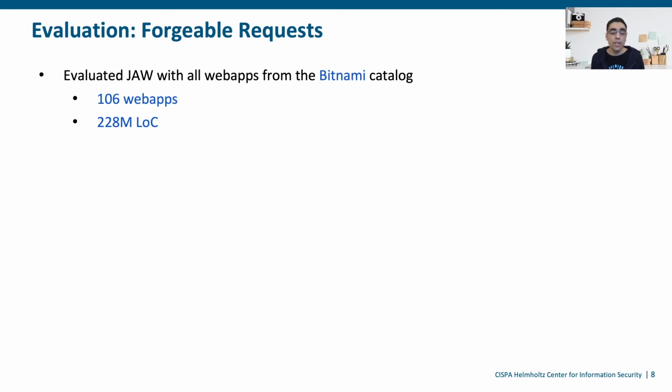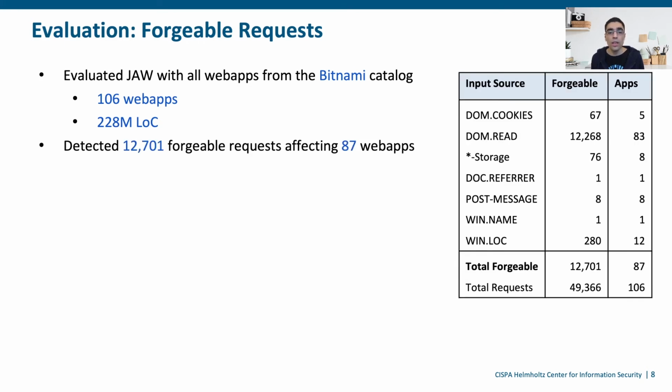And we were able to detect 12,701 requests that can be forged by an attacker, affecting 87 web applications. Now, these requests can be forged by manipulating various JavaScript input sources, such as URL or DOM attributes, or document.referrer, and so on and so forth. Forging each of these input sources requires different attacker capabilities. Please refer to the paper for more information regarding the threat model required to forge each input source.